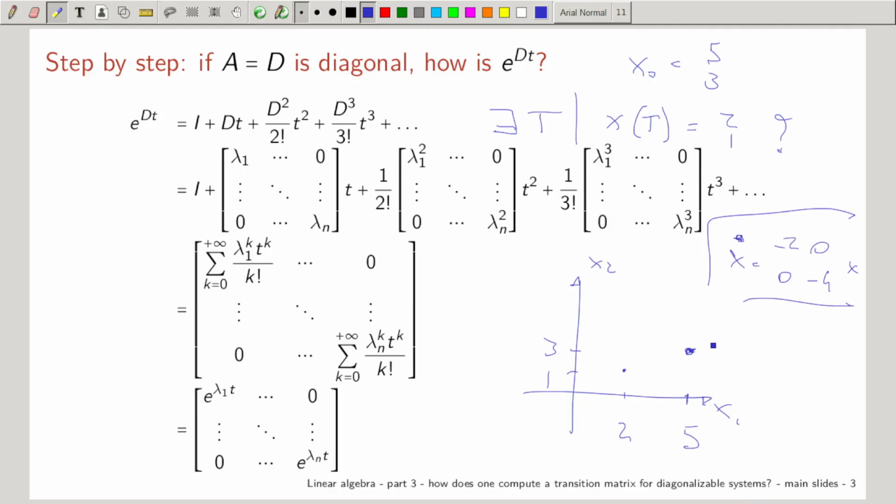So, essentially, I've got a diagonal system, true? I have a diagonal system. It means that the evolution here is going to be independent, true? Together? Perfect. So in a certain sense, if I consider x1 dot is equal to -2 x1, this gives me directly the evolution, true? That is going to be given by this one.